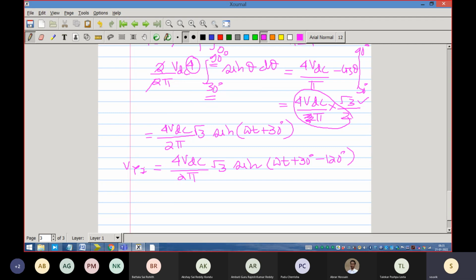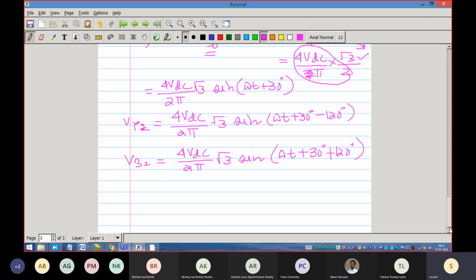Then VB1: 4 VDC by 2 pi root 3 into sine of omega t plus 30 degree plus 120 degree, right? So this would be the thing.